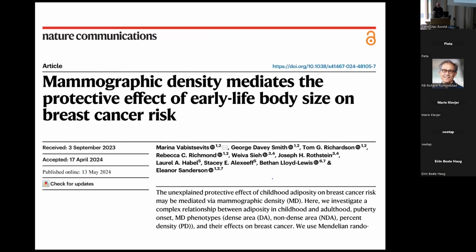And recently, Marina demonstrated that mammographic density does mediate a substantial component of the protective effect of childhood BMI. This is mammographic density at age 50.